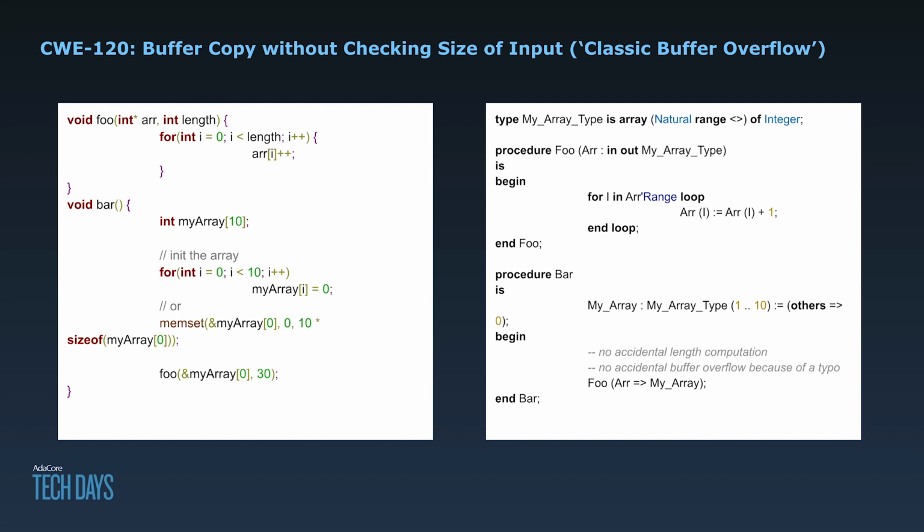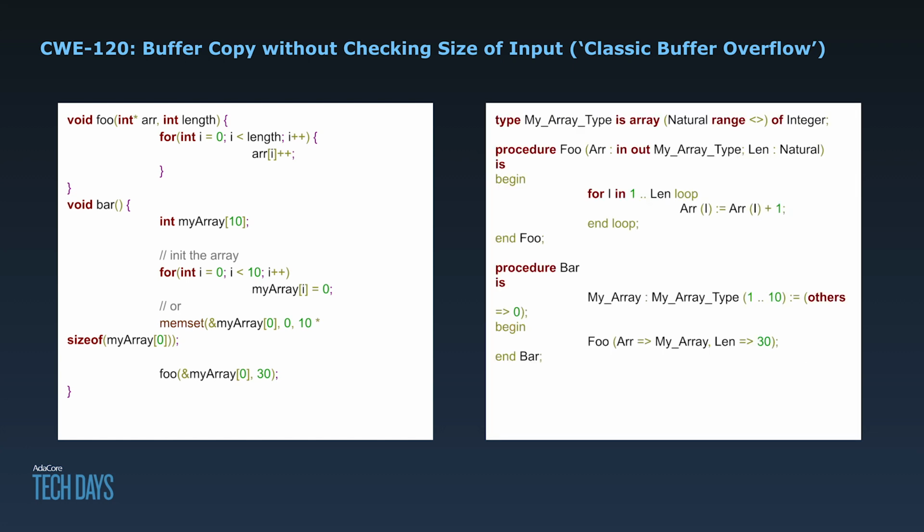So I have an array here, I'm setting some values, and then I'm passing this into the function. What did I do wrong right here? I passed the wrong size. What happens when I do this? Buffer overflow, right? And how would this be caught? Peer review, right? Some testing maybe?